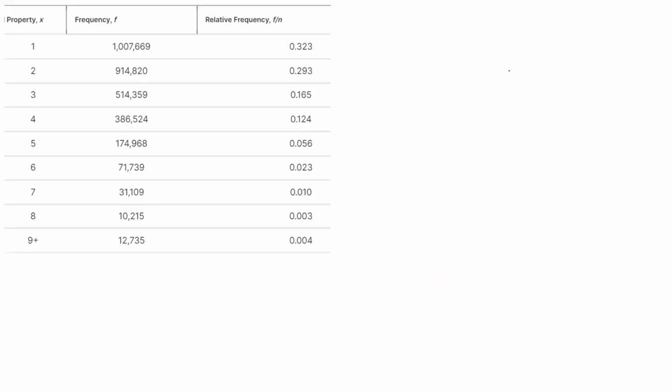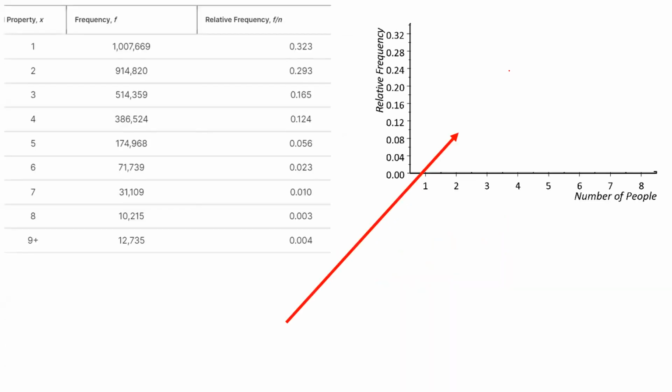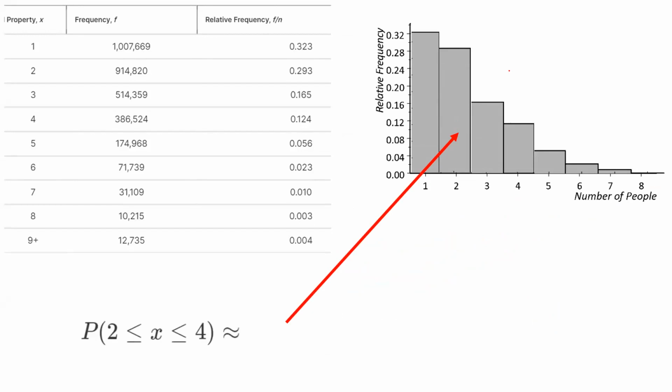And finally, if I ask you to find the probability that x is bounded between 2 and 4 inclusive, it means that you are basically taking the probability for 2, adding it to the probability for 3, then adding it to the probability for 4.